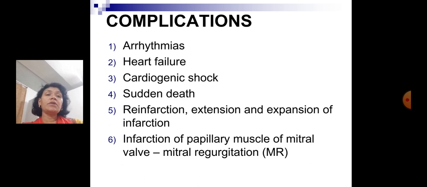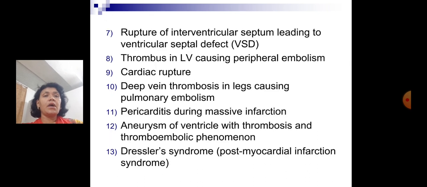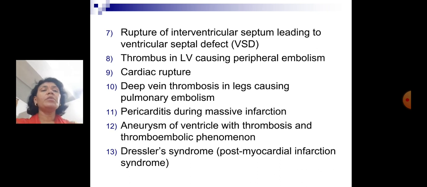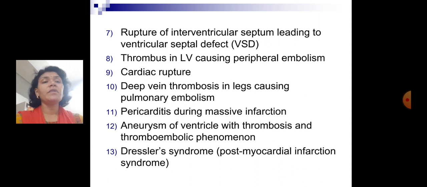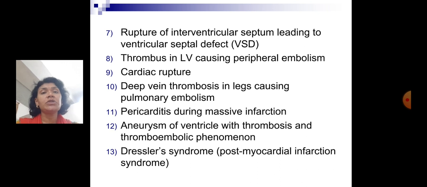Infarction of the papillary muscle of the mitral valve can result in mitral regurgitation and congestive heart failure later. Rupture of the interventricular septum can lead to ventricular septal defects. There can be formation of thrombus in the LV causing peripheral embolism later. There can be cardiac rupture also.